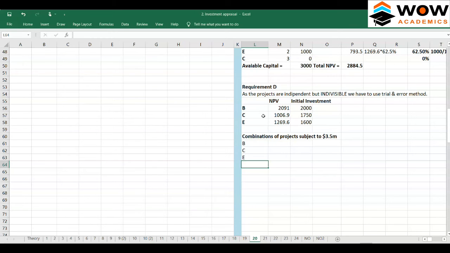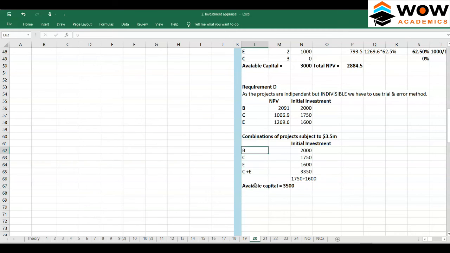If you put C plus E, that seems to be a good combination. 1,750 plus 1,600 comes to 3,350. Available capital is 3,500, right?